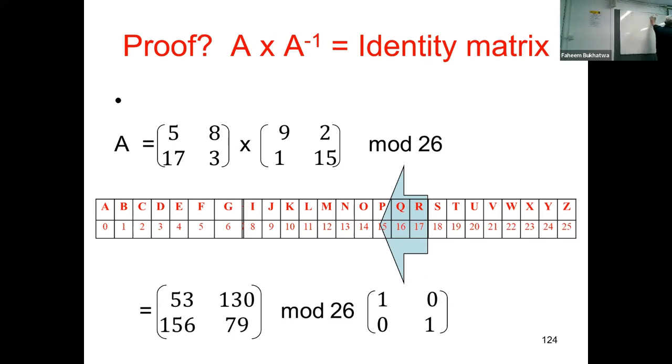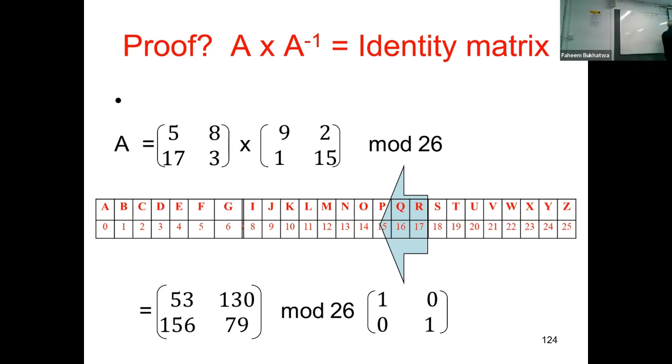First you have to work out the numerical value. So UE is 20 and 4, and B is 1 and X is 23. If the matrix is 2 by 2, you take 2 characters at a time. If the matrix is 3 by 3, you multiply it into 3 characters each time.